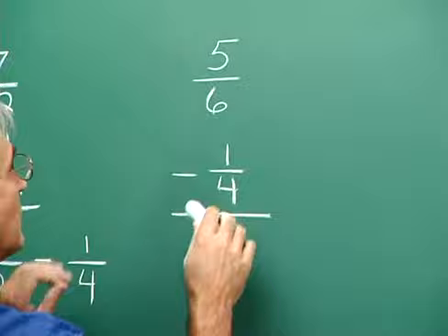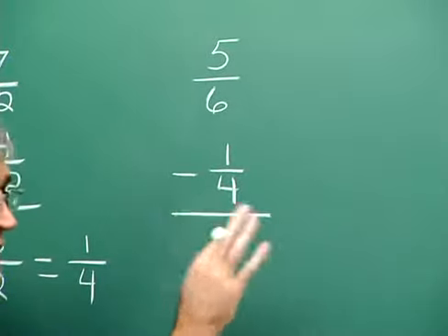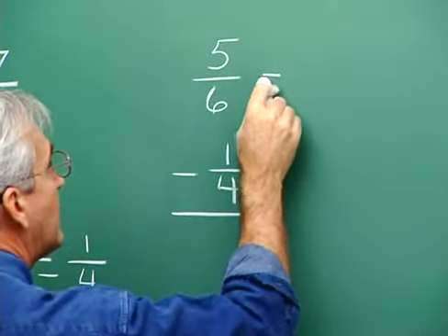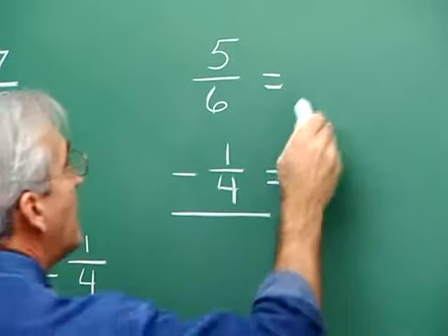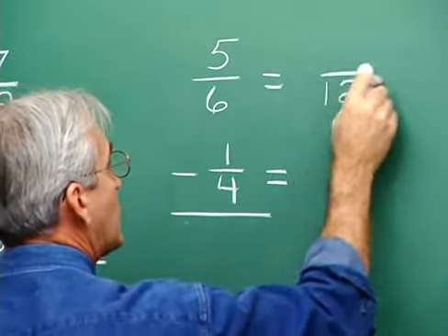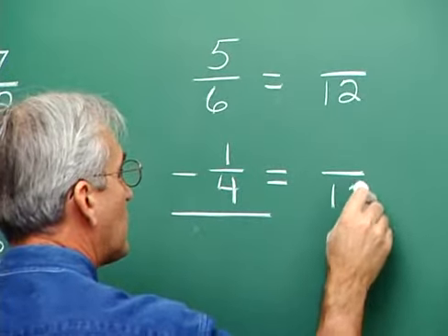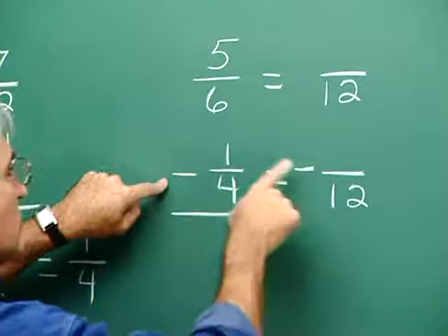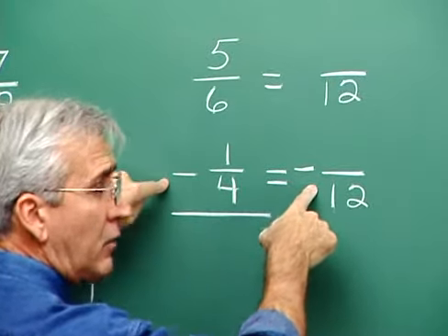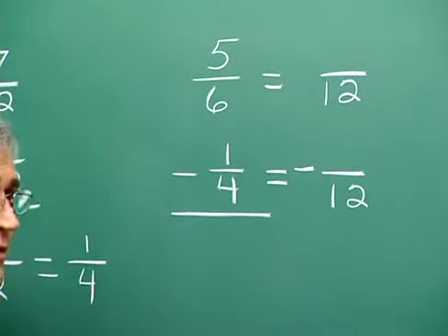When the denominators are not alike, we need to find a common denominator and rewrite the fractions in order to prepare ourselves for subtraction. It's very similar to the idea of addition. So here we would identify the common denominator as 12, and we would change these fractions into new ones with denominators of 12. Now, I think it's important to bring over the minus sign here to understand that we're subtracting. When we were adding, it didn't make so much difference.